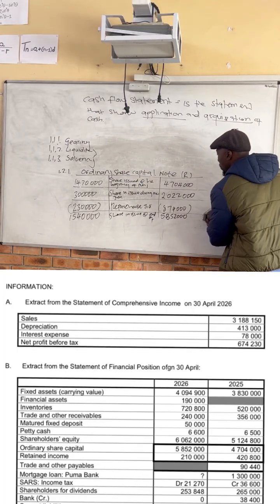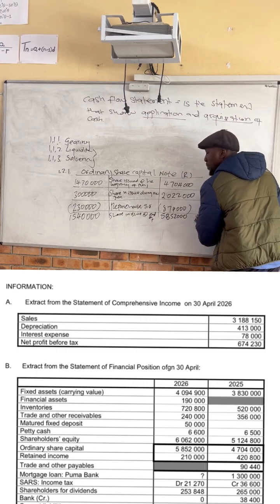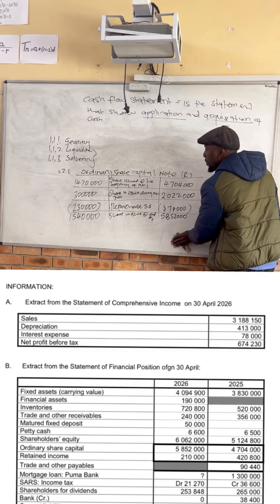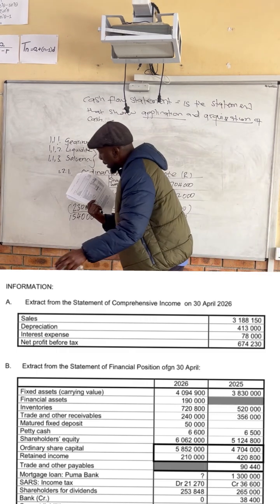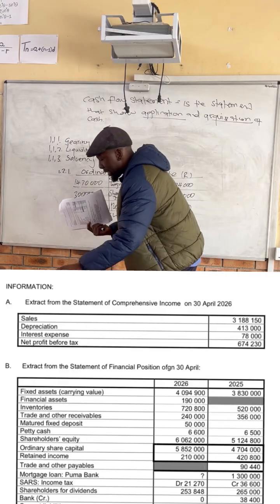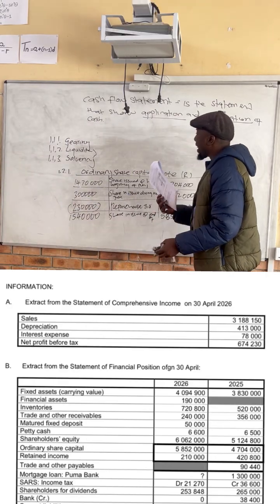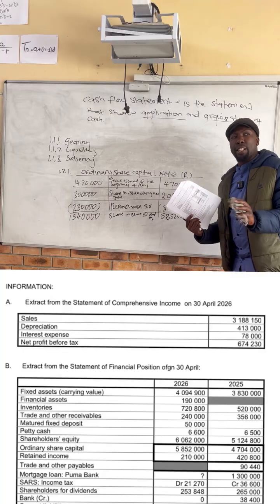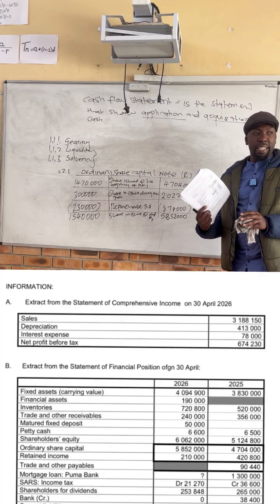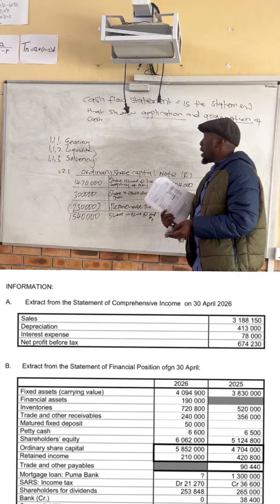Remember, we are using the previous information from information A, B, C, D. Learners are advised to check everything. Anything that has to do with tax, we must look at it. Now, number one, we need what?